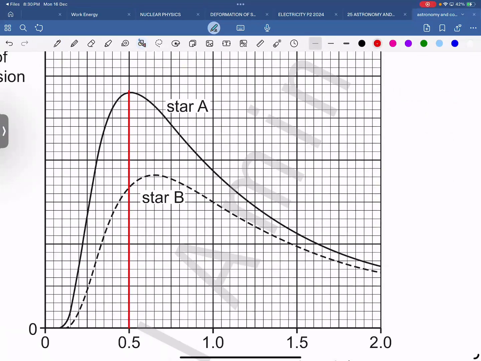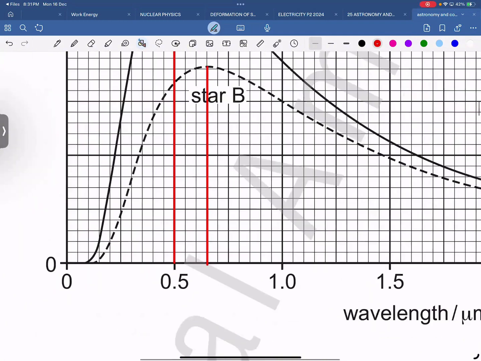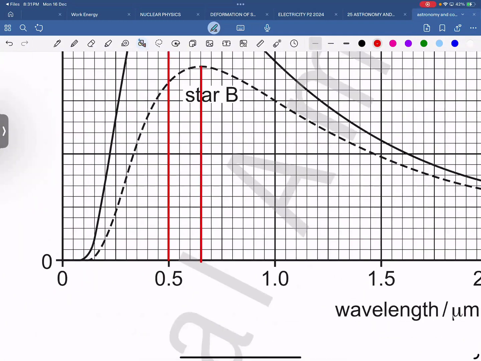Star A is 0.5 exact. B is 0.6765. Lambda A, lambda B.